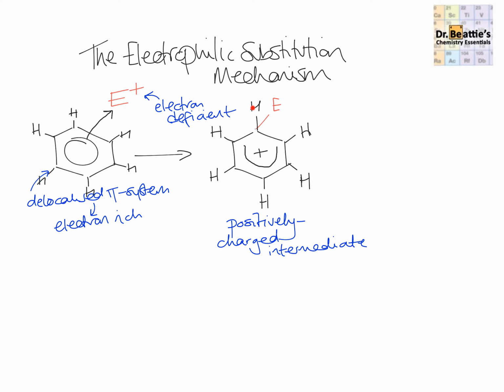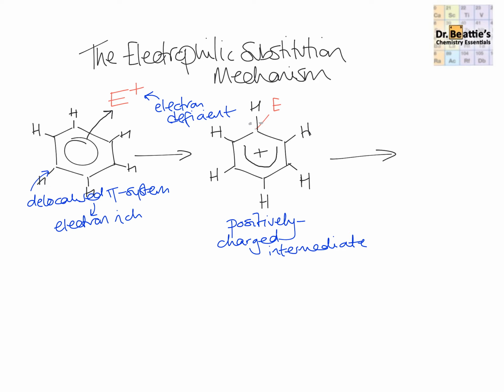So we're going to have to remove this hydrogen, and in the same breath also reform the pi system. So what's going to happen is, in this sigma bond between the hydrogen and the carbon, the pair of electrons that are involved in this bond are going to be used to push back into the pi system, thereby breaking this bond and freeing up the hydrogen to go elsewhere.